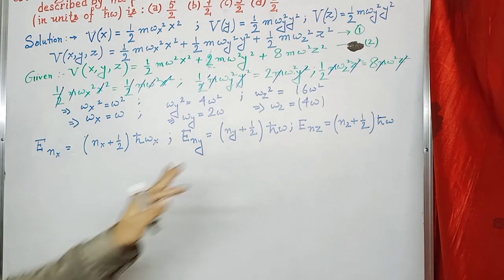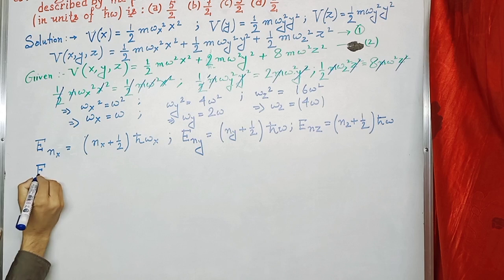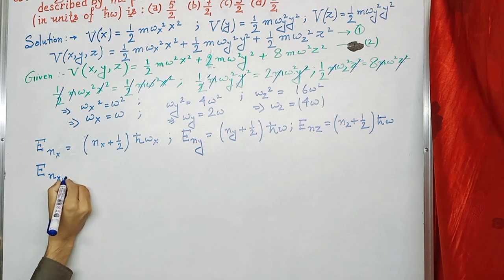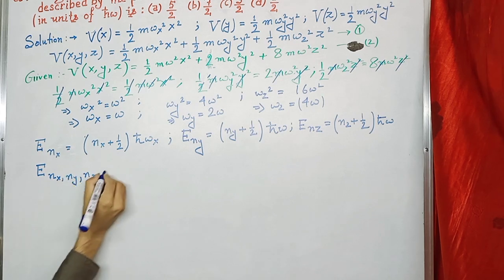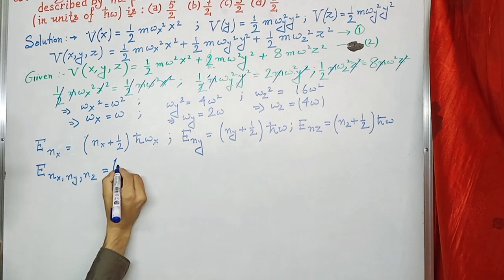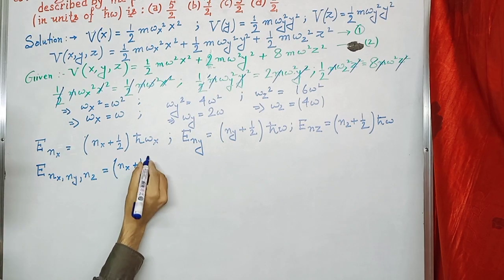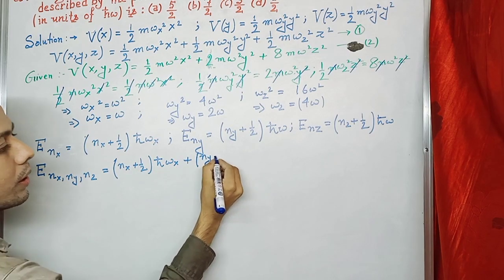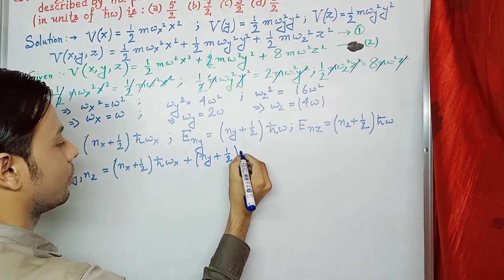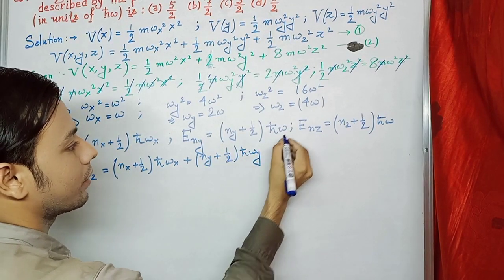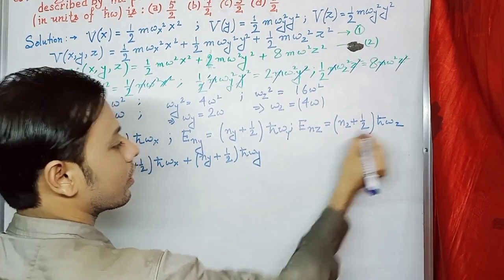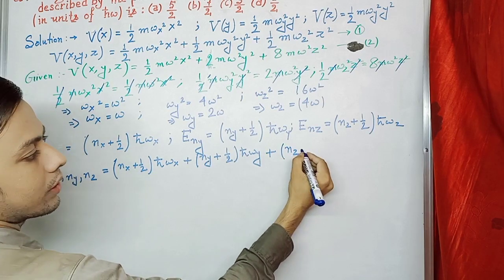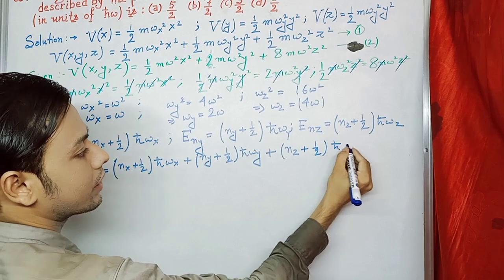So if we combine these three, the energy in three-dimensional space, E nx, ny, nz, will be nx plus half into h cut omega x plus ny plus half into h cut omega y plus nz plus half into h cut omega z.